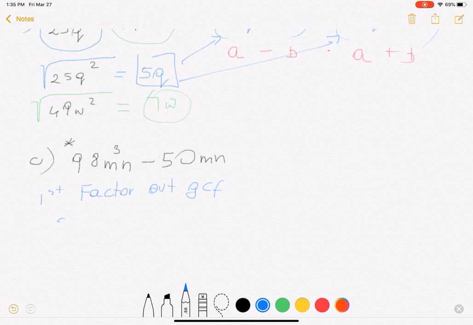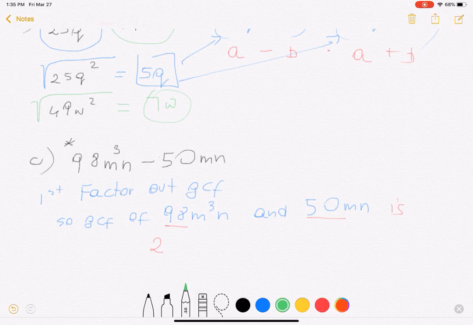We talked about how to find the GCF in the previous section. So the GCF of 98m cube n and 50mn, and you can ignore that negative for now. You have 98 and 50. You have to find the greatest integer which can divide 98 and 50, which will be 2.